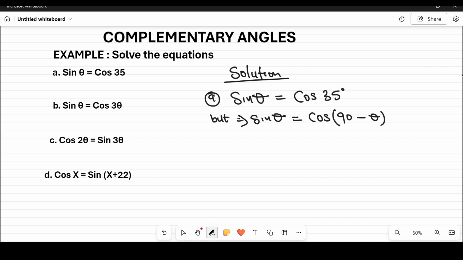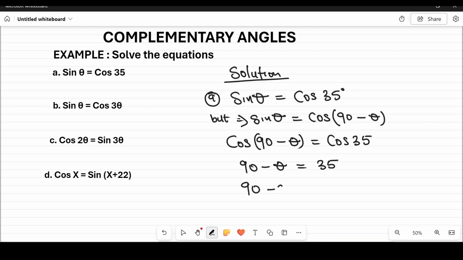So if we replace sin theta with cos of 90 minus theta, our equation becomes cos of 90 minus theta is equal to cos 35. So from here, we can now equate our angles that 90 minus theta will be equal to 35. From here, we can make our theta subject. Our equation becomes 90 minus 35 will be equal to theta. Therefore, theta is equal to 55 degrees.